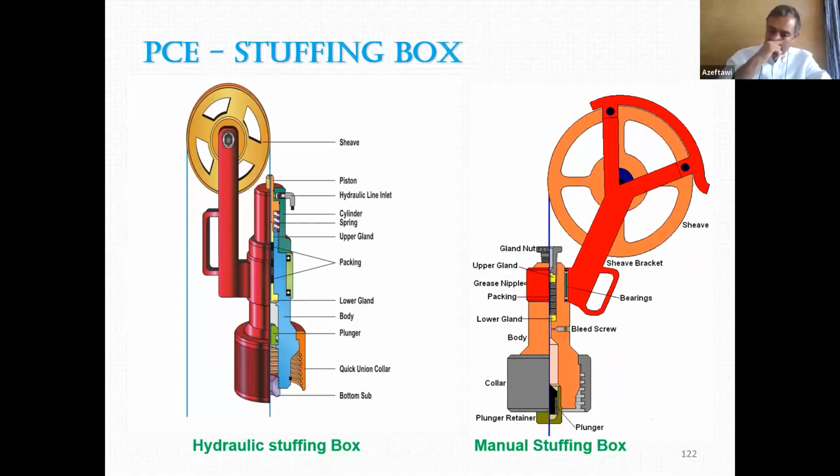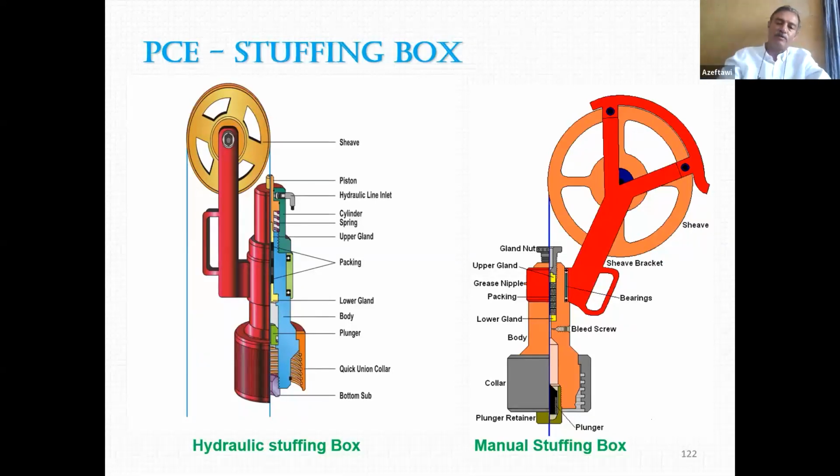It starts eating the packing, so the packing is not sealed around the wire, and it starts leaking. Hydrocarbons start coming out. So what we do, in the manual stuffing box, you have to hire a monkey. The monkey will jump on the rig-up top with a pipe wrench and use this gland nut to squeeze it. When you squeeze, the gland nut will squeeze the rubber packing, and the packing will squeeze on the wire to make the seal.